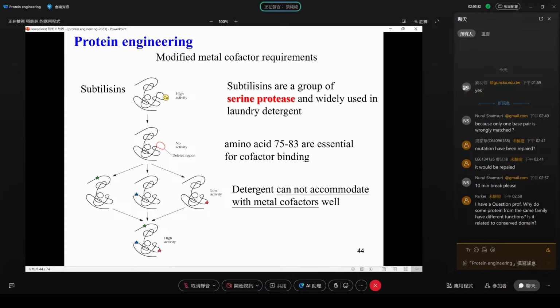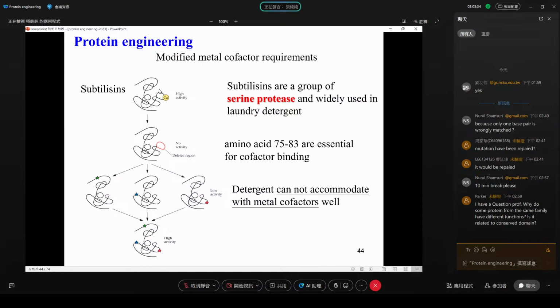Then you find a good strategy for screening or selection for your activity, such as no metal cofactor, the enzyme activity still works, right? Then test which one is the best one, and later on try to find a better version.